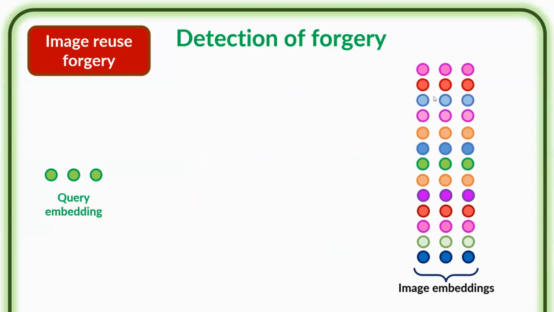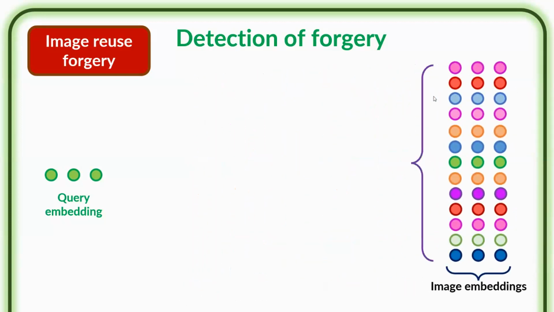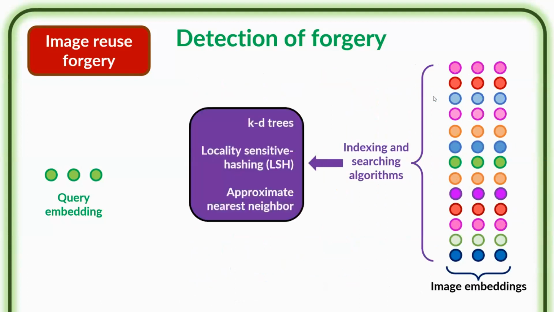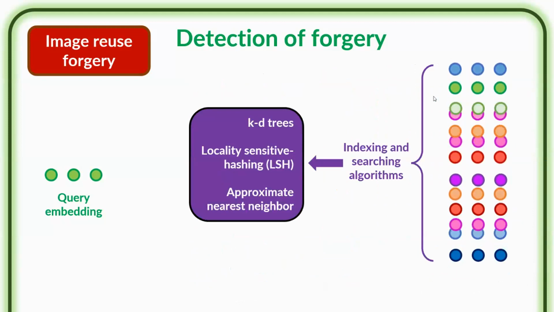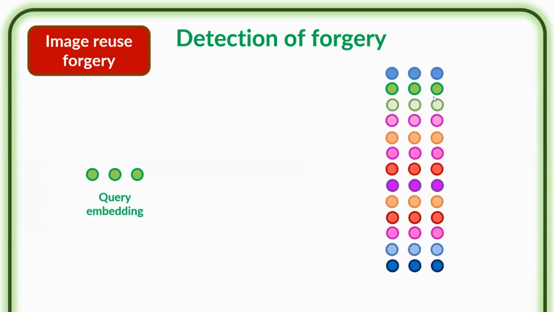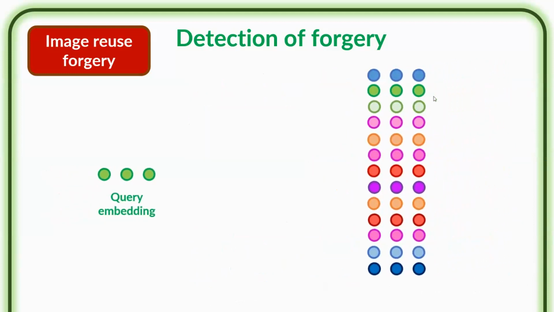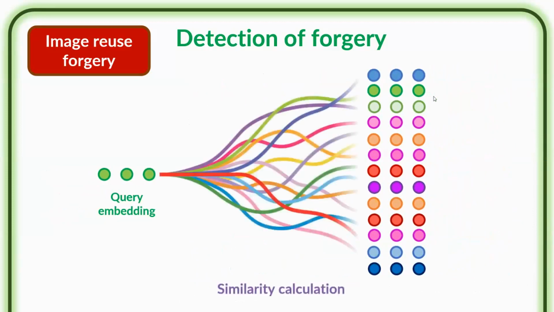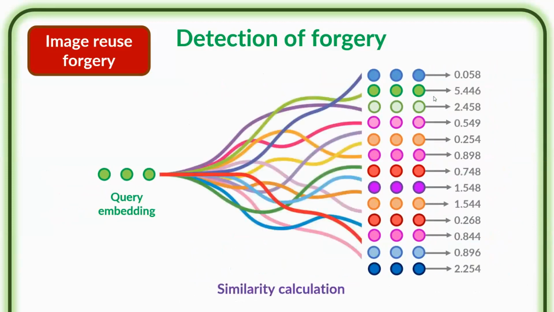Now, with this large image embedding library, we can perform a lot of indexing and search algorithm optimizations with things like KD trees, LSH, approximate nearest neighbors methods. So what they will do is create an index of all these embeddings, which is essentially sorting and making a different graph structure out of this. And then we can compare these billions of images and embeddings with the query embedding and do a similarity calculation.